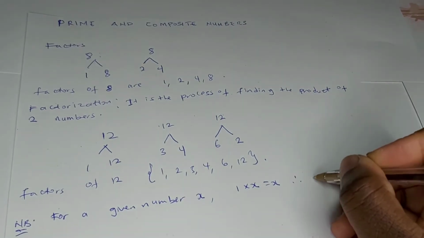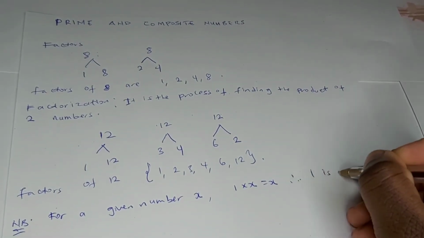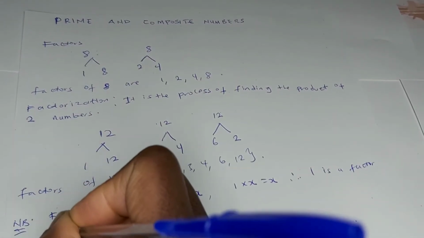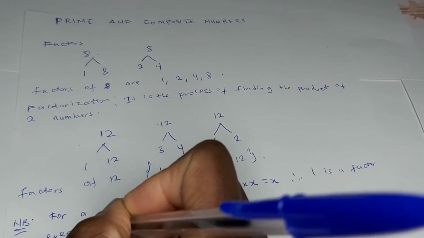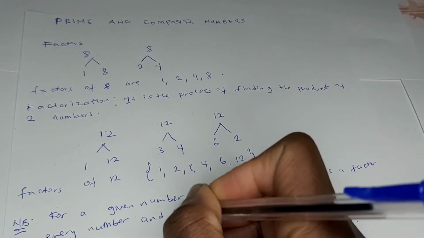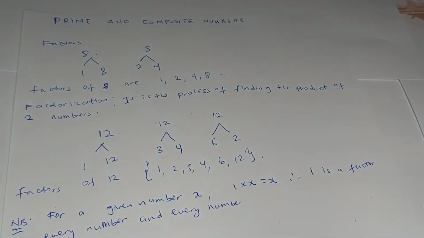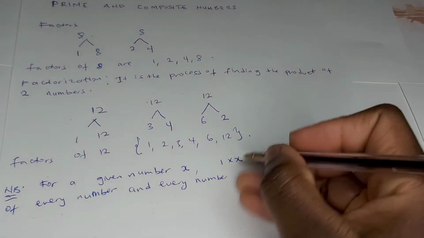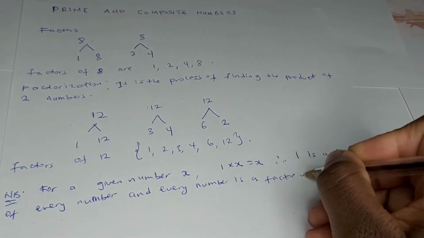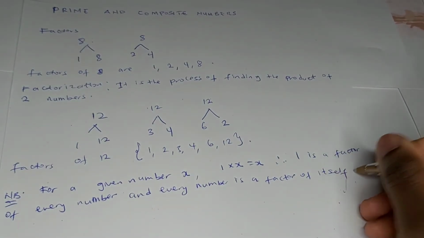Therefore, we can say that 1 is a factor of every number, and every number is a factor of itself.